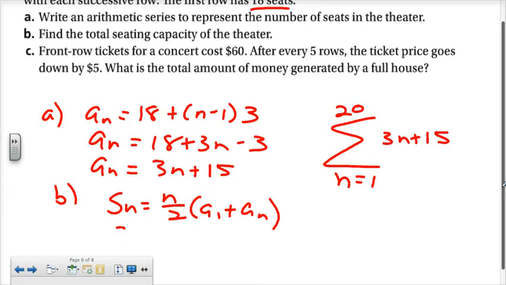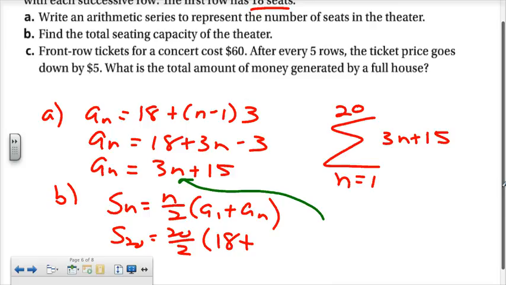All right, we know there are 20 rows. We know the first row is 18, but we need the 20th row. So that means we're going to put a 20 right in there. 3 times 20 is 60, and 60 plus 15 is 75.